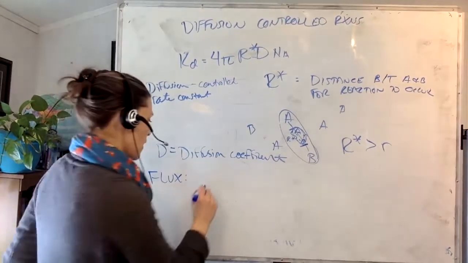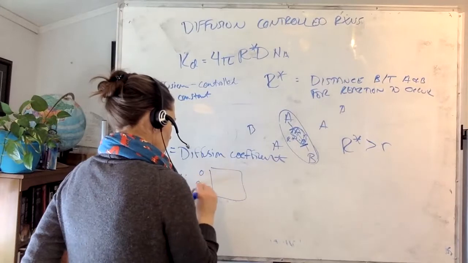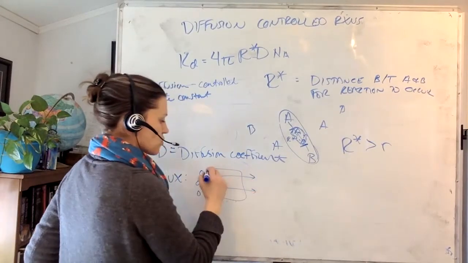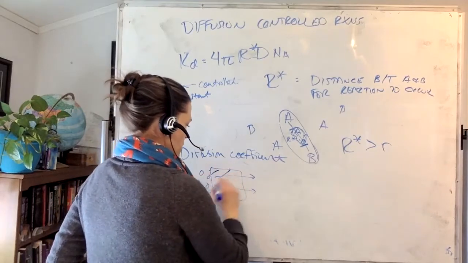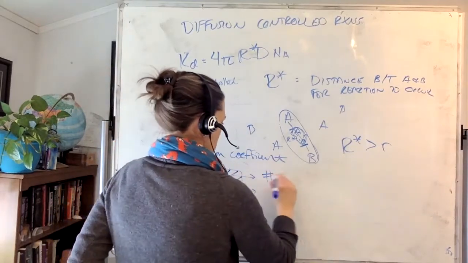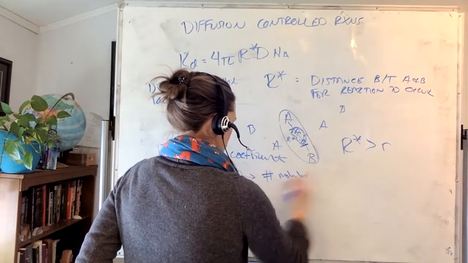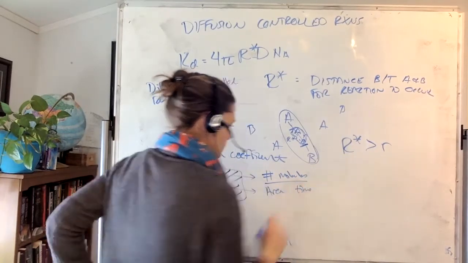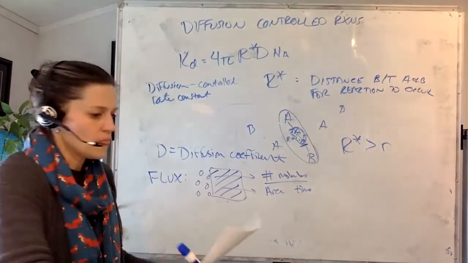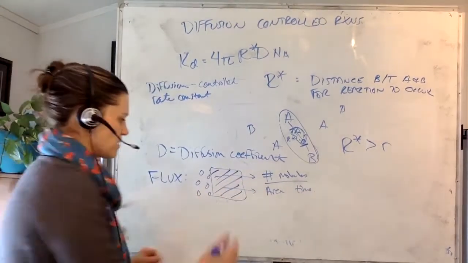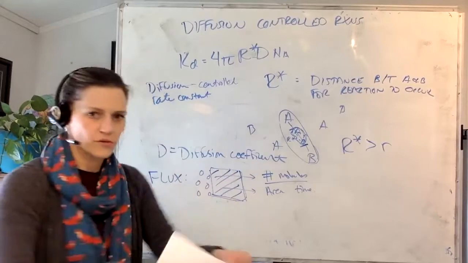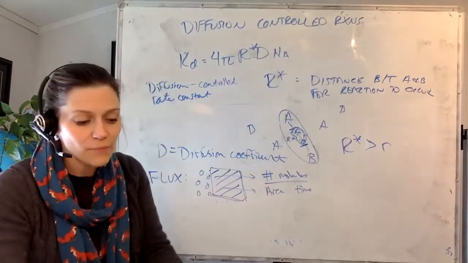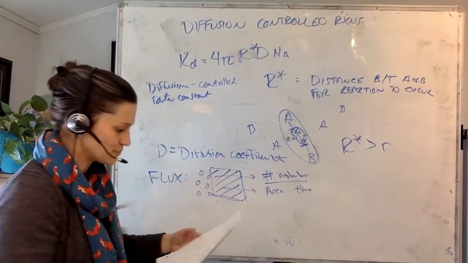If you have a square, an area, with all of these molecules, the number of molecules that go through the area per time is going to be related to the diffusion.